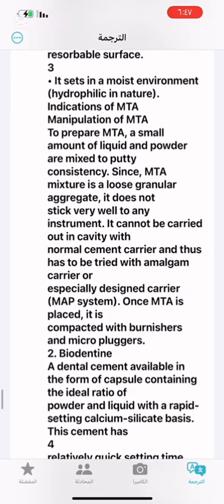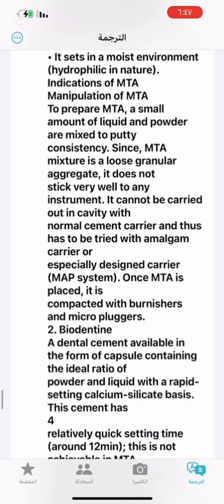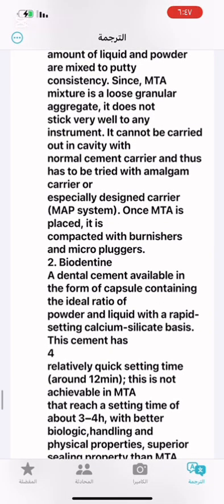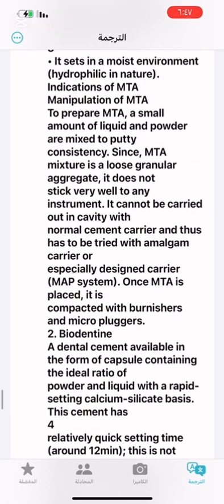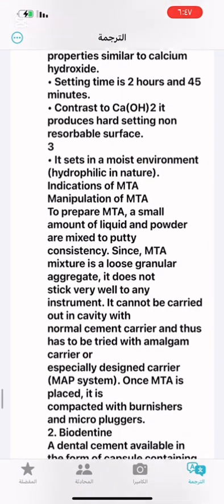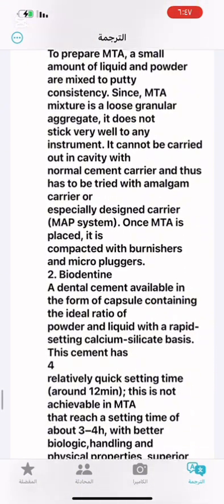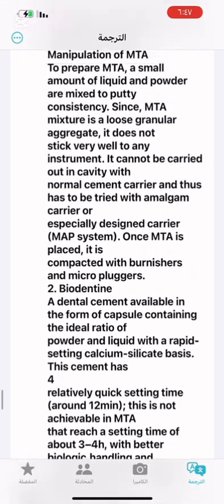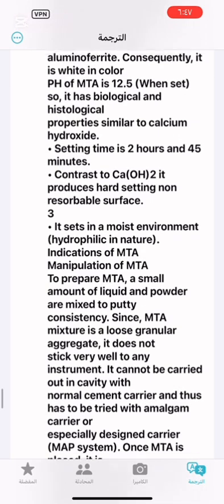The pH of MTA is 12.5 when set, so it has biological and histological properties similar to calcium hydroxide. Setting time is 2 hours and 45 minutes.